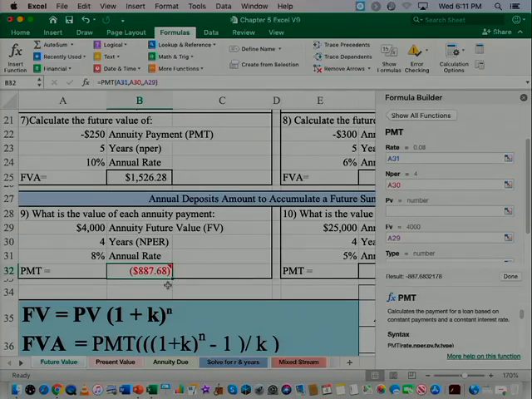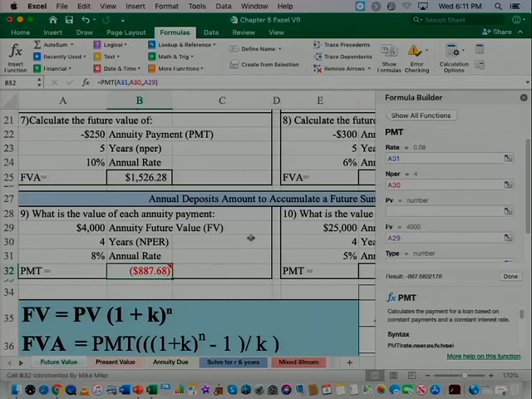So you have to remember that everything's going to be a positive value in the homework manager when you do present value problems. So just keep that in mind. If Excel calculates a negative, you'll probably have to switch it over to a positive. Because there really should be no negatives in time value of money because it's possible, but most problems are going to be above 0 for what we're calculating in this class.